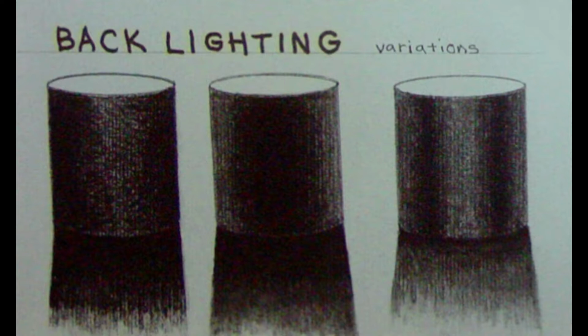Backlighting is when the light is coming towards you, so your subject matter is in shadow. Out of the three possible patterns, the one that is most convincing to your audience is the one on the left, where going from side to side, we go dark to middle value to dark. So that's what I recommend you do.